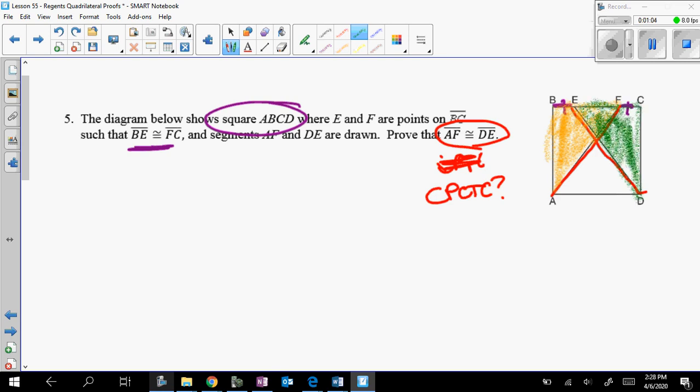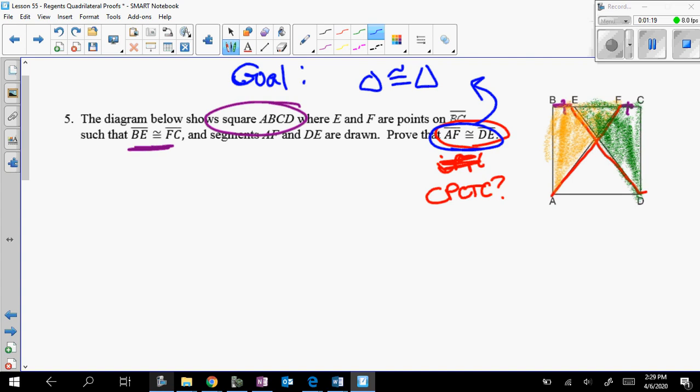So when they're asking you to prove that these little segments are congruent, first you've got to get the triangles congruent to each other. That's the goal: working with what's given and the square facts, get the triangles, yellow and green, congruent to each other, and then by CPCTC we'll have the prove part.